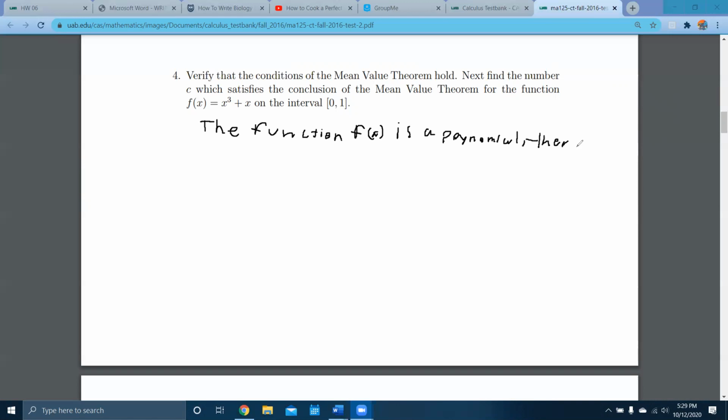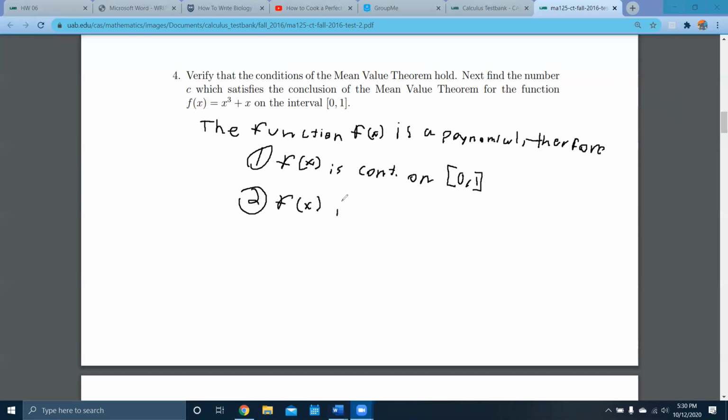Therefore, one, f of x is continuous on the interval 0 to 1. And two, f of x is differentiable on 0, 1.